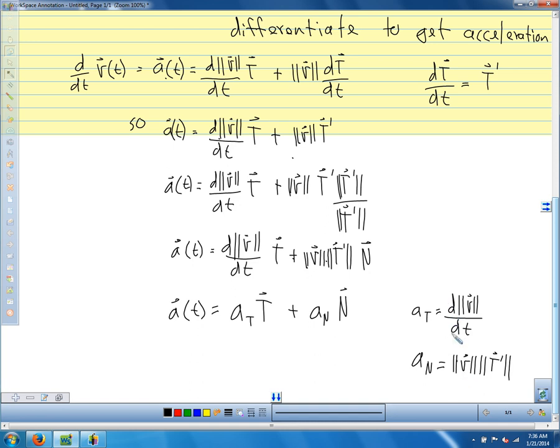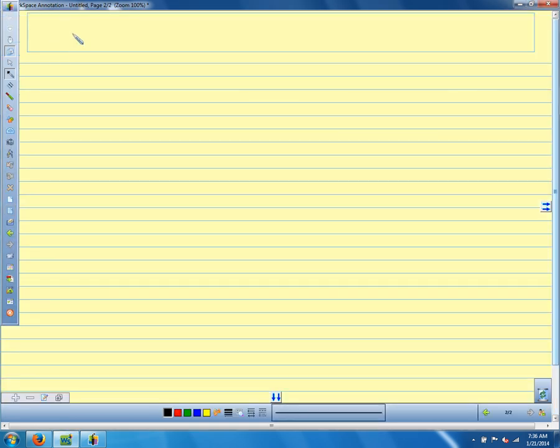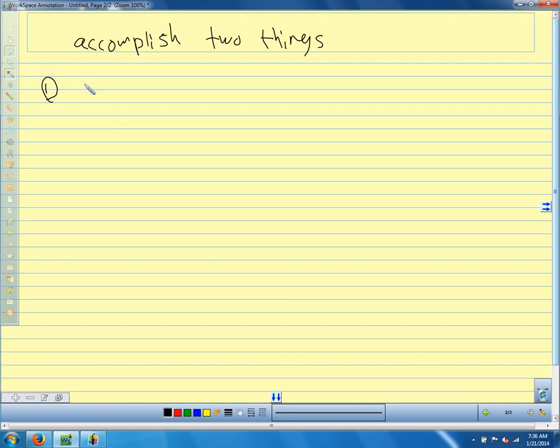That was our goal, to break our acceleration into a component that's tangential to the motion and a component that's normal to the motion. So that was part of our goal.